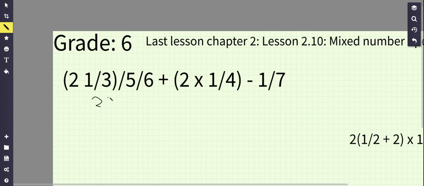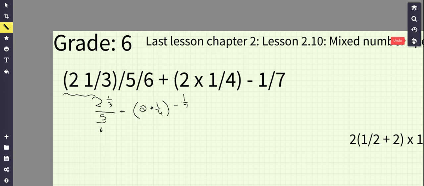We got 2 and 1/3 divided by 5/6 plus 2 times 1/4 minus 1/7. This is the crazy complex form of a fraction. Simplify it just to this.